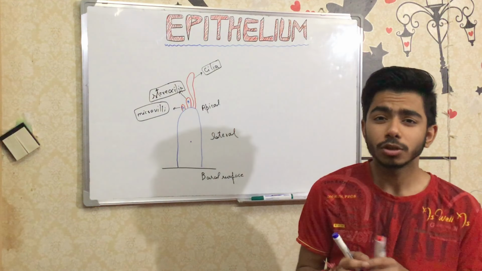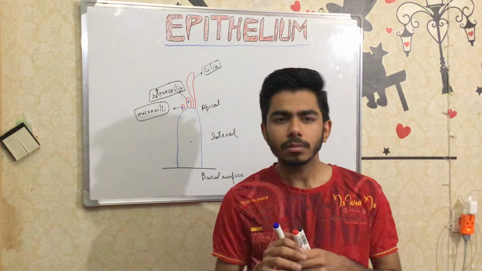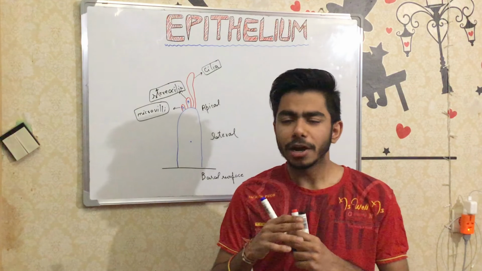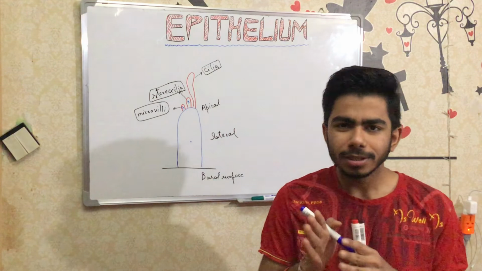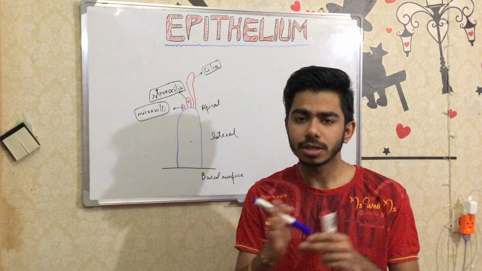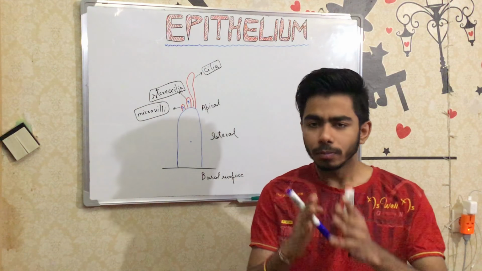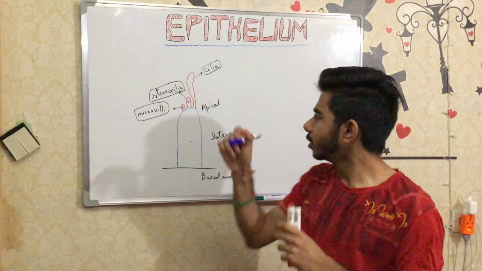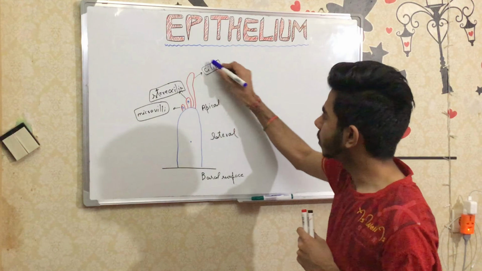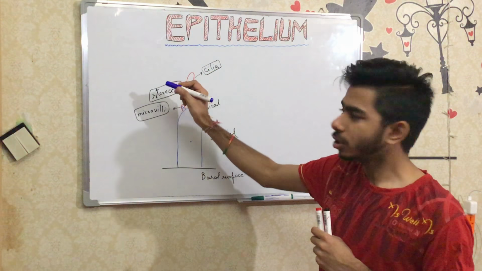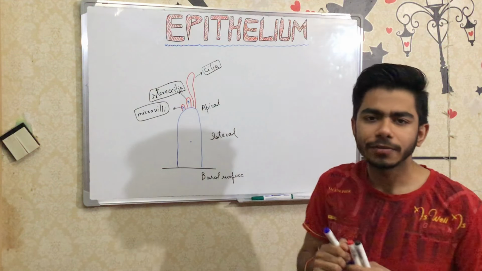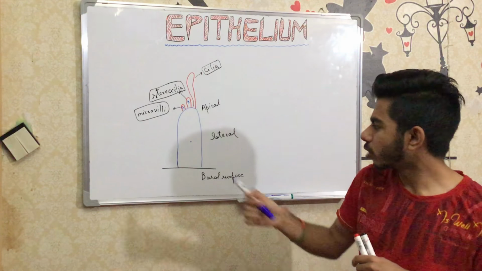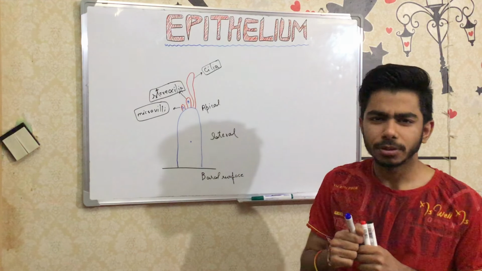So what it causes is that they are not able to get rid of the mucus secreted by the goblet cells in our respiratory passages, for example in the trachea. If they have problems in these cilia, because it is moving like this, cilia is moving like this. So for example, this is our trachea, and this pseudostratified columnar epithelium is present. I have taken this as columnar epithelium, for example.